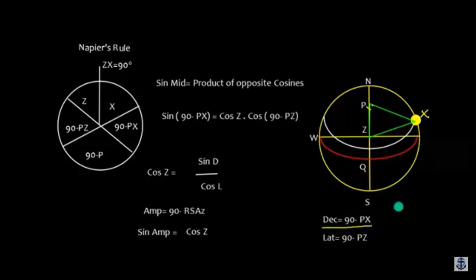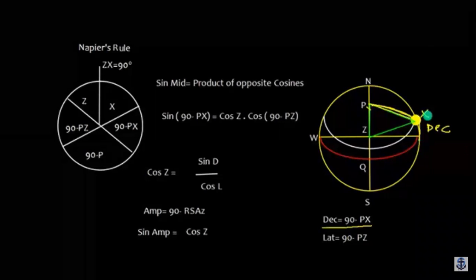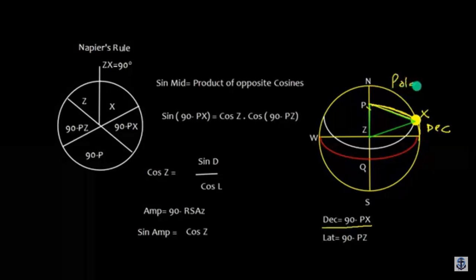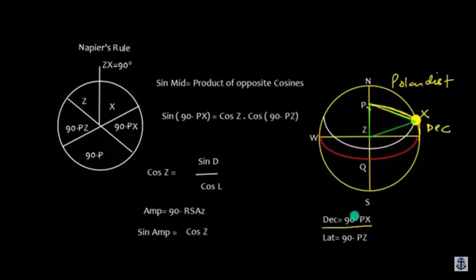Declination is 90 minus PX. From the equator to X is declination, and this is PX, and P to the equator is 90 degrees. So PX is your polar distance, and 90 minus PX is your declination. And angle Z is your azimuth.